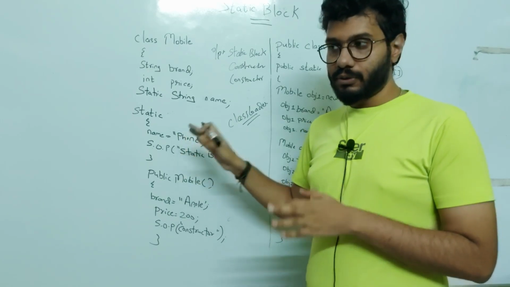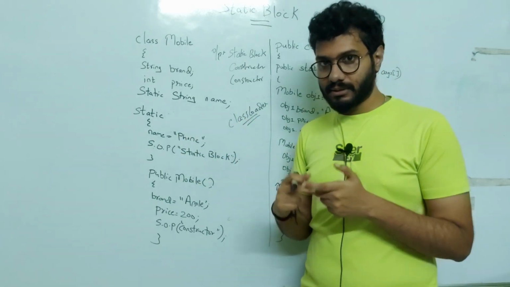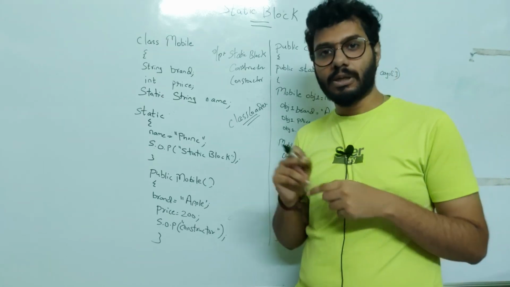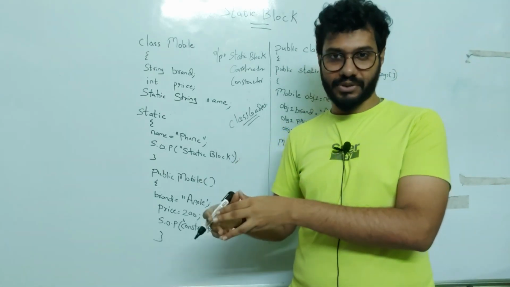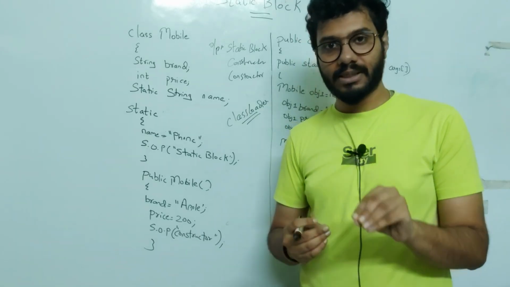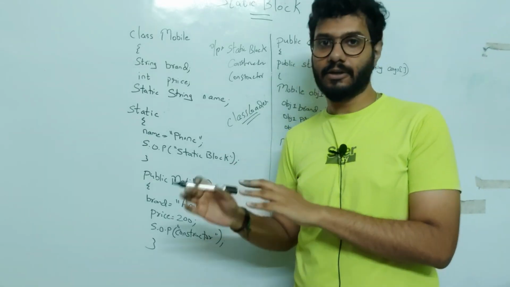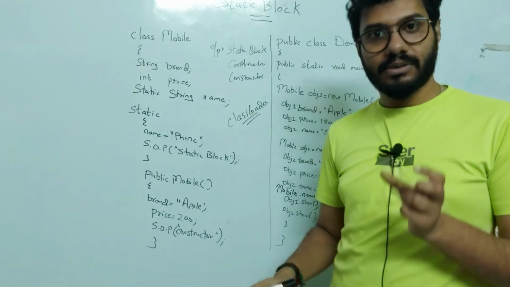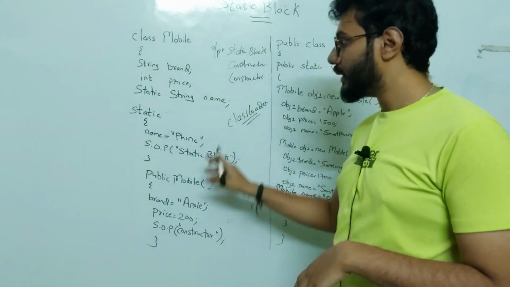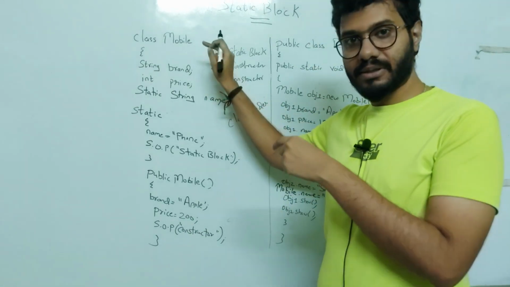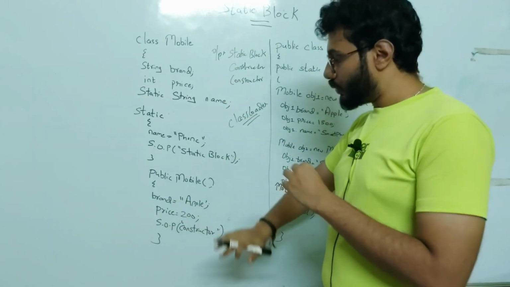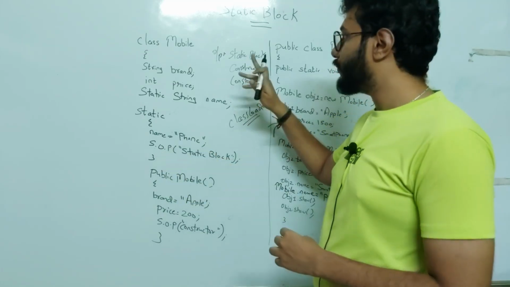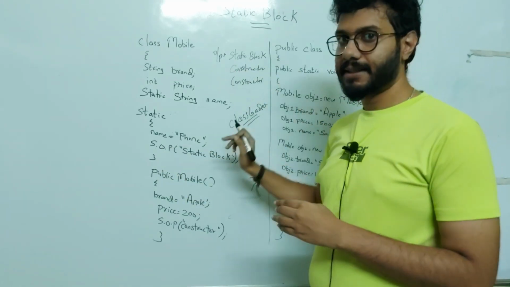So two steps are involved: one is loading the class, and second is instantiating the object. The first step is the class loader, so the class is loaded and the static block is called. So though you write it upside down also, the first thing will be the static block.